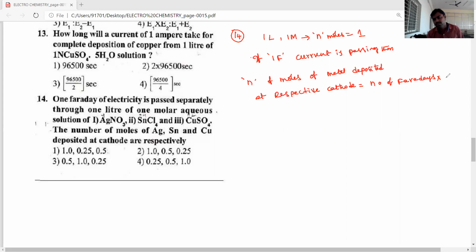Number of Faradays into number of moles by n factor.